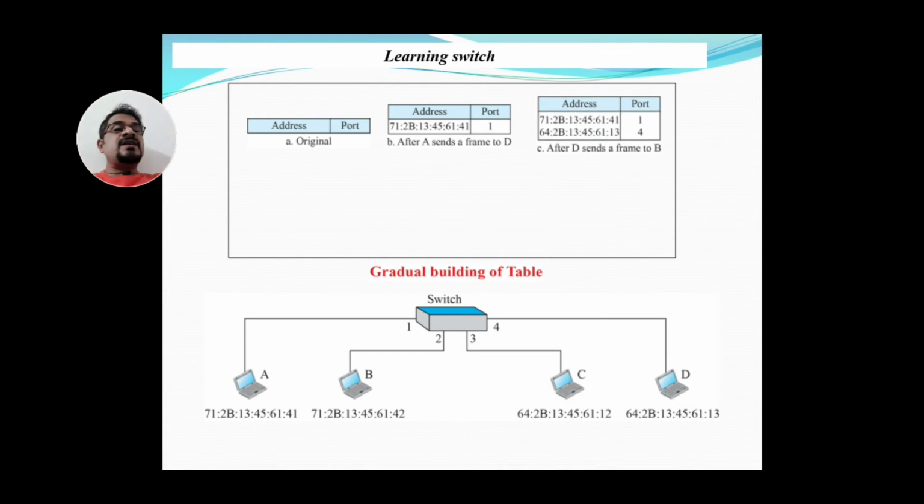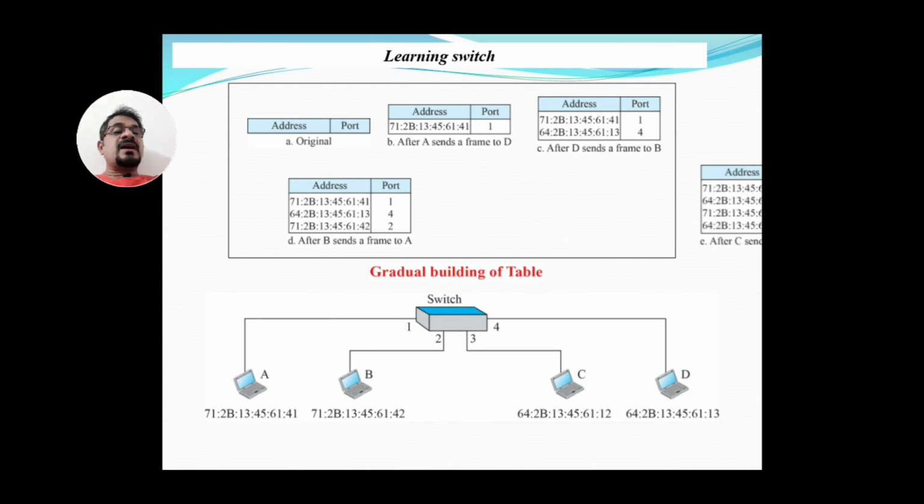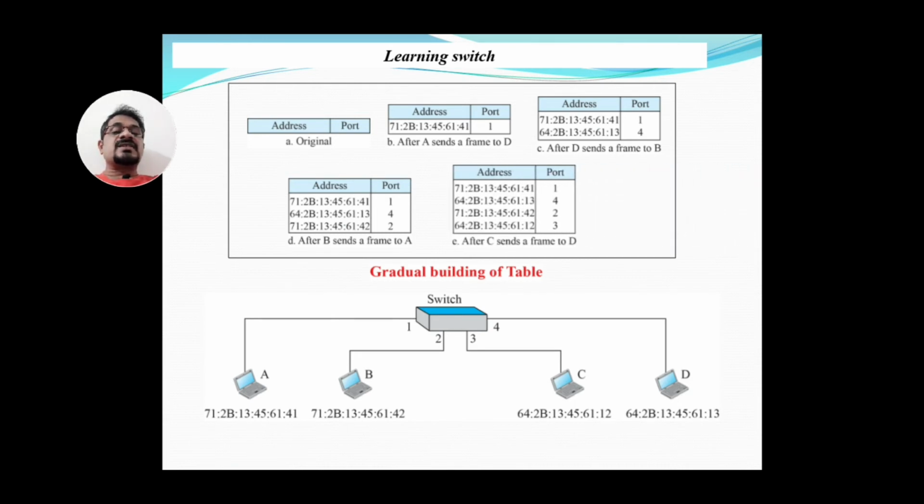Then D is sending information to B. Now the switching table gets the D device's MAC address as well as the port it is connected to. Similarly, after B sends some information to A, the switching table contains the information of A, B and D. Once C sends information to any other device, the entire switching table contains all the devices' MAC addresses as well as their ports.